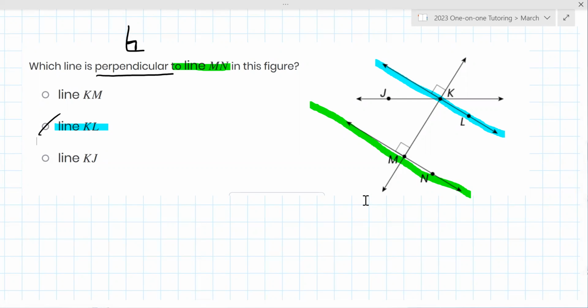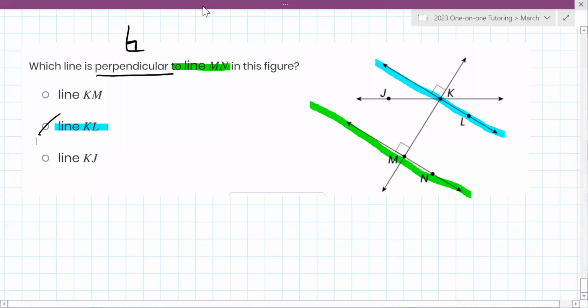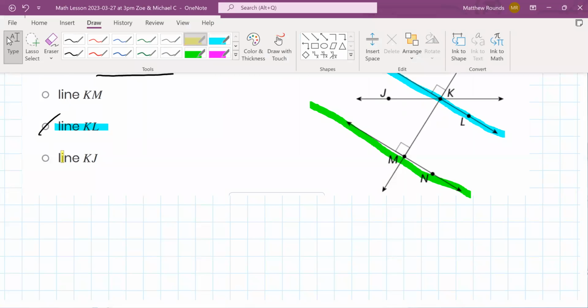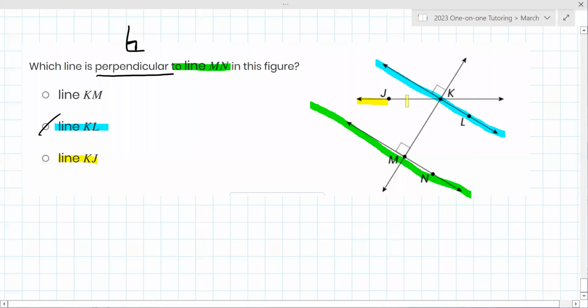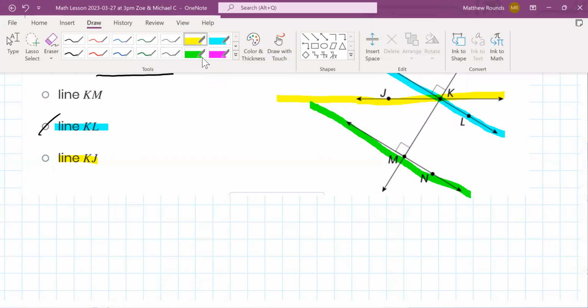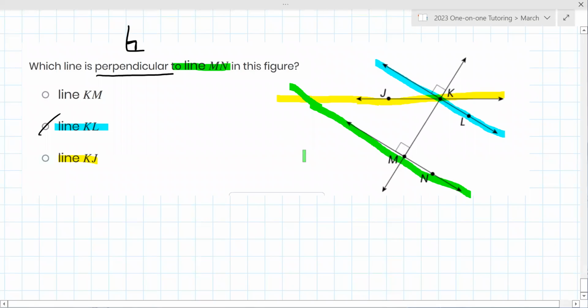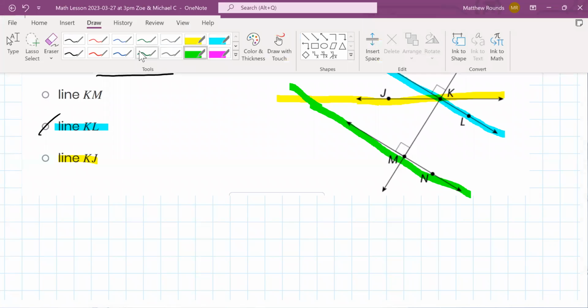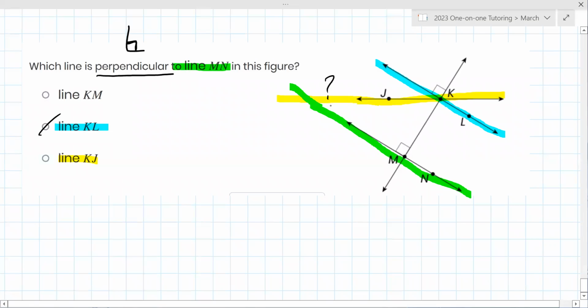JK. Okay, so here's JK. Let's do that. Here's this line. So these definitely intersect, but do they meet at a 90-degree angle? Do you see a little box there when they intersect? Yeah. You do? Where's the box? Wait. I don't see a box there.